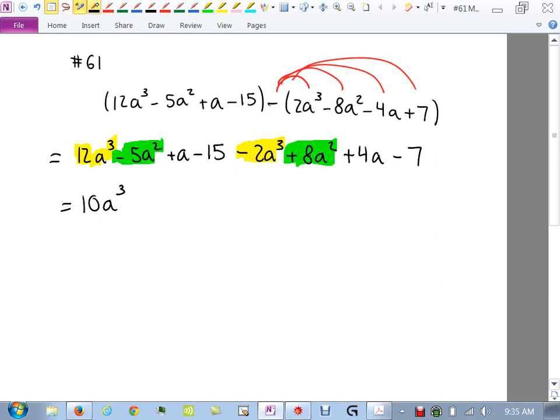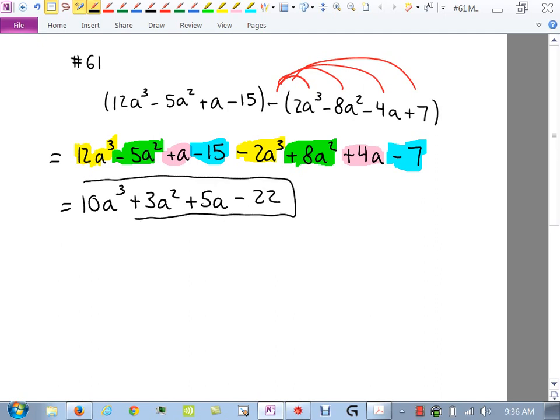Put those together, plus 3a squared. Then I've got a couple of a's here. Put those together, plus 5a. And then finally, negative 15, take away 7, negative 22. Okay? Any others?